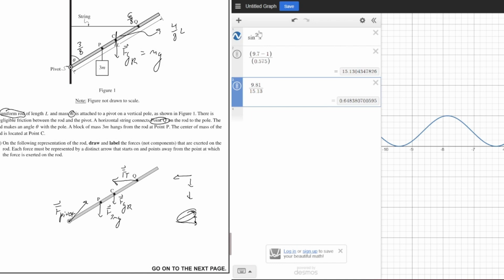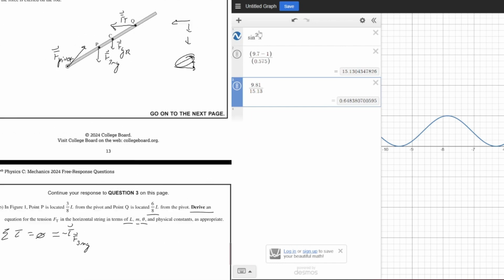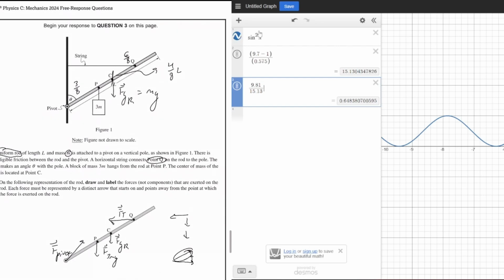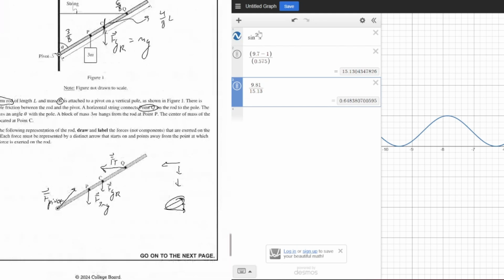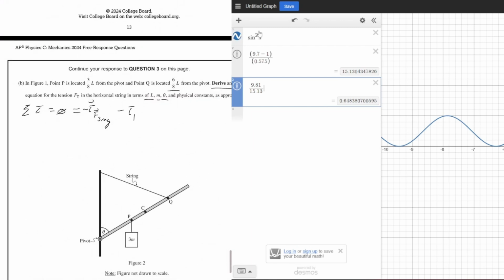So force 3mg is in the negative k hat direction, so I'm going to write negative, and you use that by using the right-hand rule, right? If you want, you can Google it, but basically, clockwise torques are negative, counterclockwise torques are positive, minus the torque due to the force of gravity of the rod, because that's also a clockwise torque, plus the torque due to the force of tension, which was a positive torque.